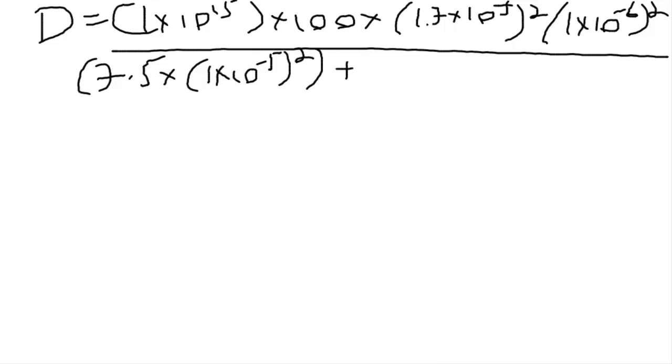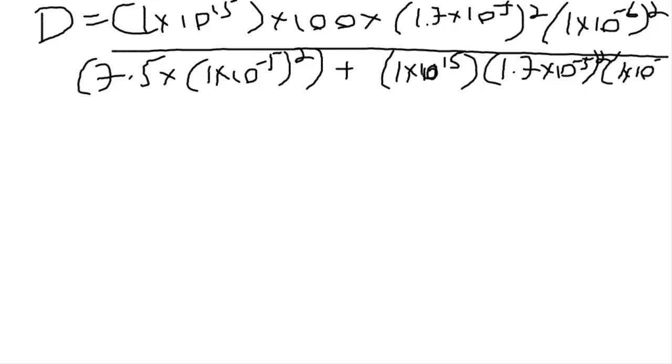And we're going to add 1 times 10 to the positive 15, the complex formation constant, times 1.7 times 10 to the minus 5 squared, and 1 times 10 to the minus 6 again squared. Do that out, and if I've done my math right, you should get an answer of 99.7 for the distribution ratio.